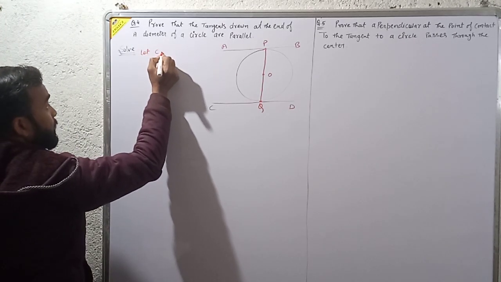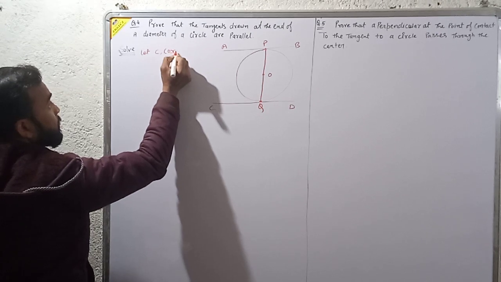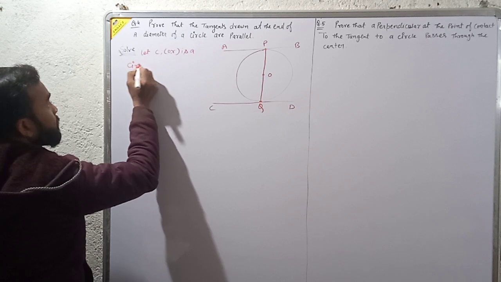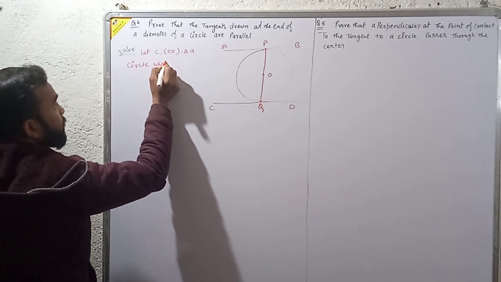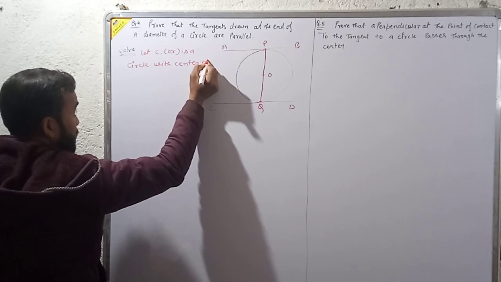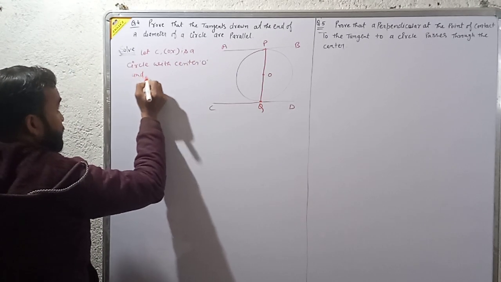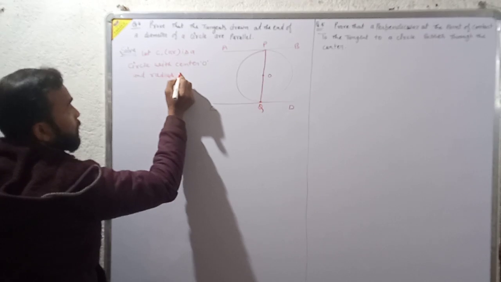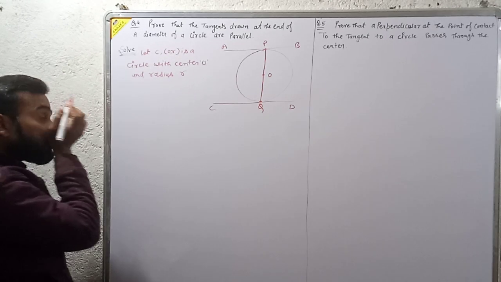Given: a circle with center O and radius R. Clear?